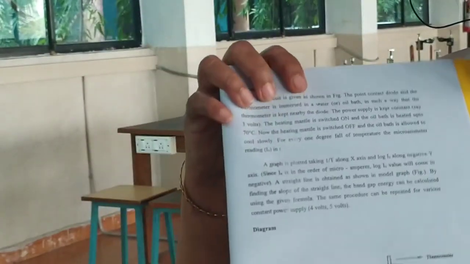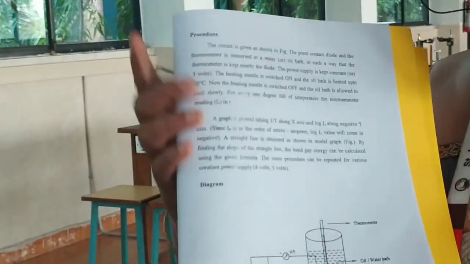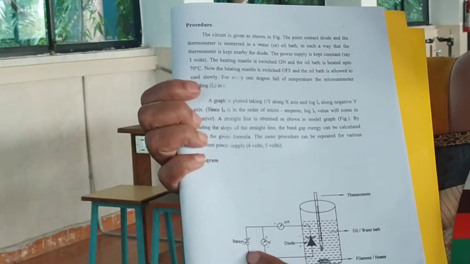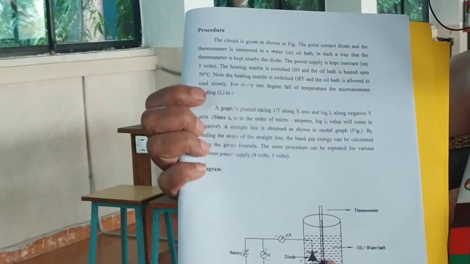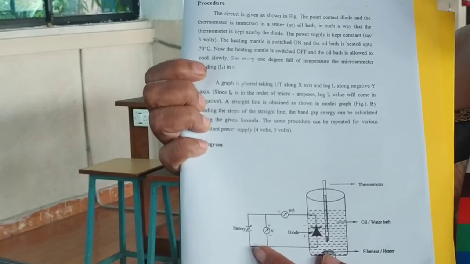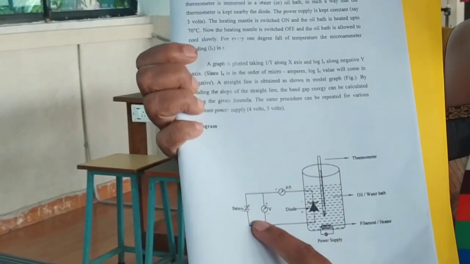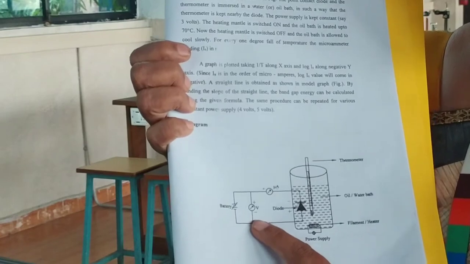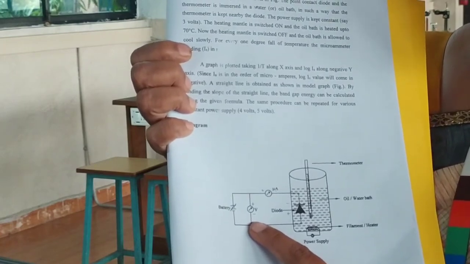The circuit for doing this experiment is given as follows. We have a battery. First understand the circuit, then I will show you in the demonstration what are all the required things. Here we have a battery connected in parallel with a voltmeter.